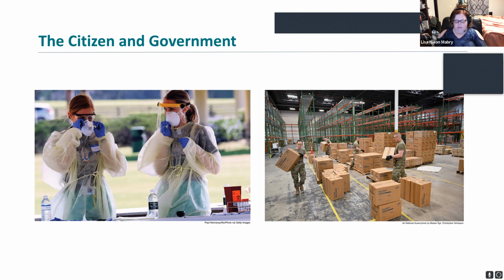Here you see Florida nurses with masks and face shields as they start testing at a senior center. We're still dealing with shortages as a result of COVID, such as vials and needles for the vaccines, and there's still a nationwide shortage, which is crazy.